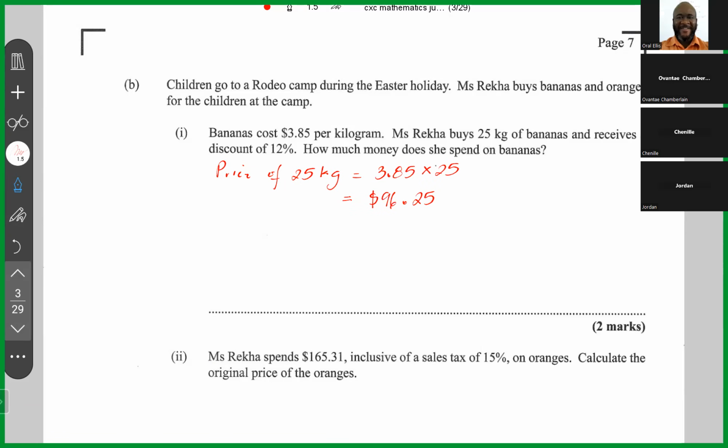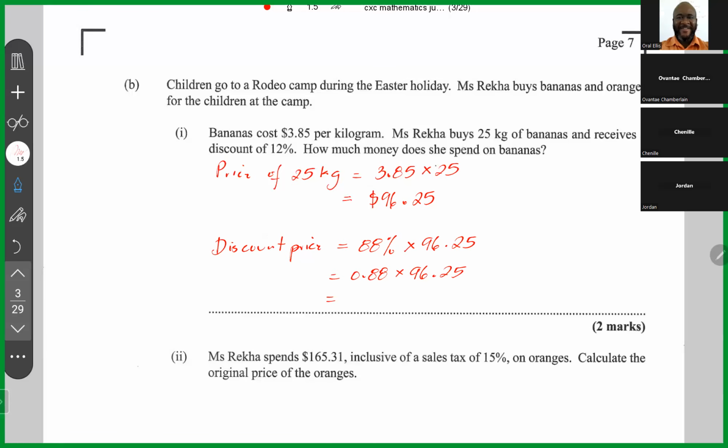So what we want to know is the price after the discount was removed. There's 100% in a whole. So if you get a discount of 12%, it means you only pay 88% of the cost of the item. So the discount price is equal to 88% of the $96.25. 88% as a decimal is 0.88 multiplied by 96.25.